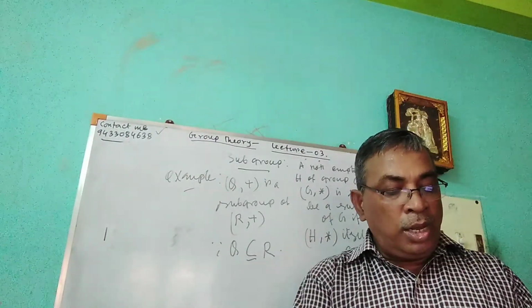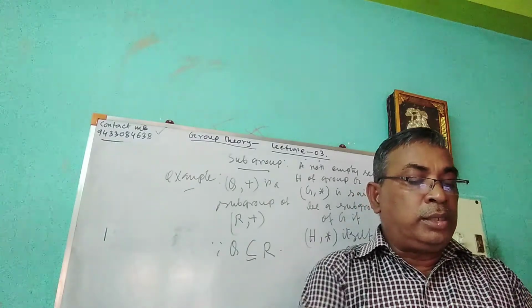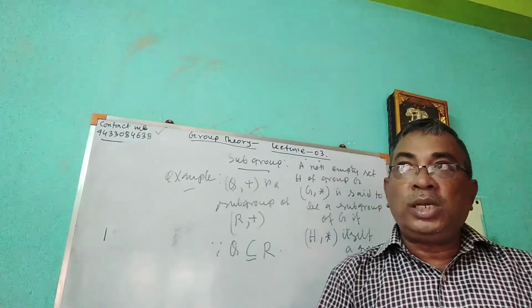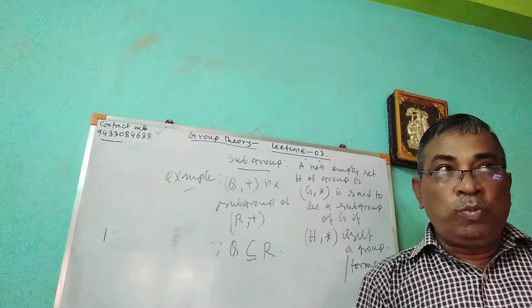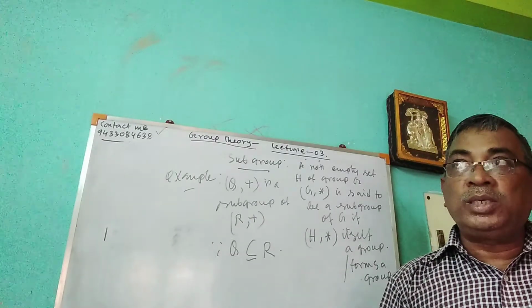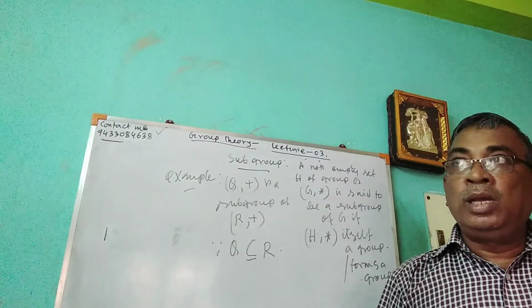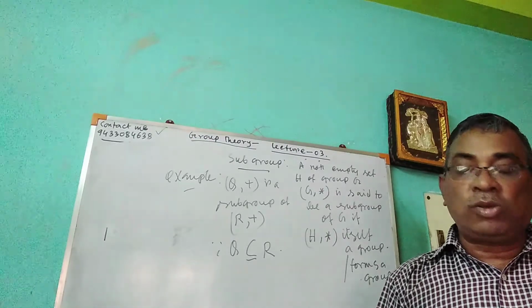If closure and associative, these two hold, then it is a semigroup. If a binary composition satisfies closure and associativity, it is called a semigroup.